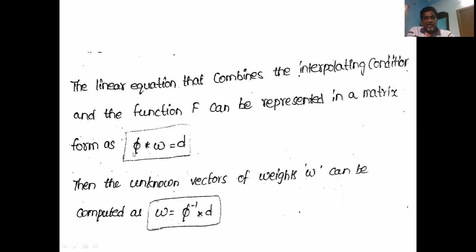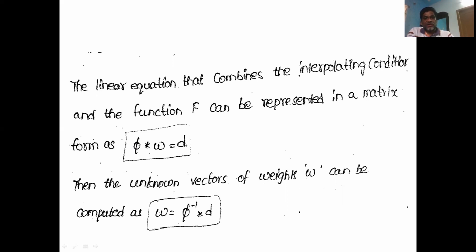This interpolation matrix is a representation of the low dimensional input space when it is converted to a high dimensional space. So phi represents the high dimensional input space, and we need a weight vector that maps the corresponding input vectors into the desired responses.